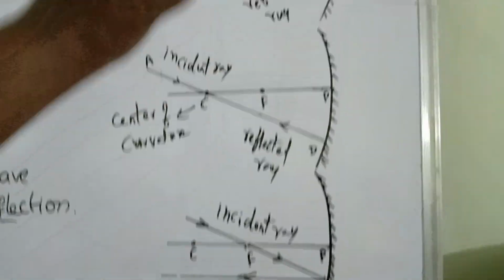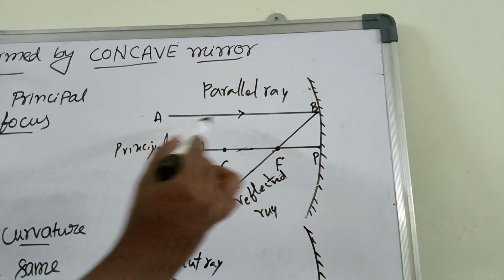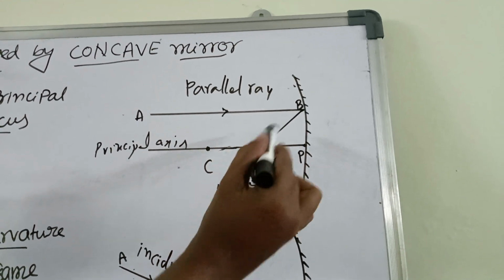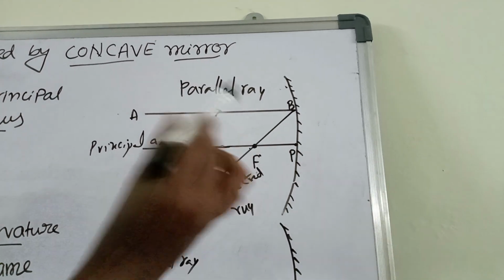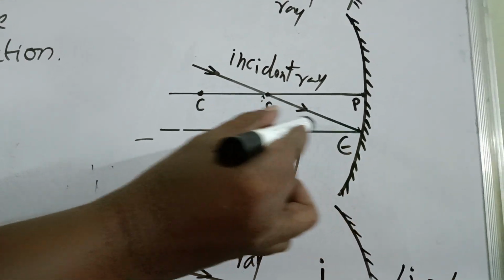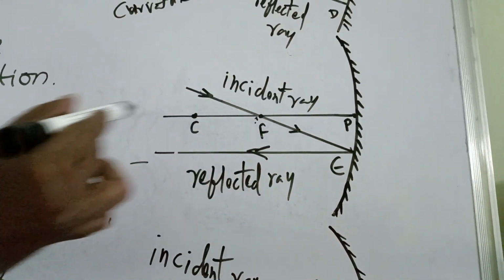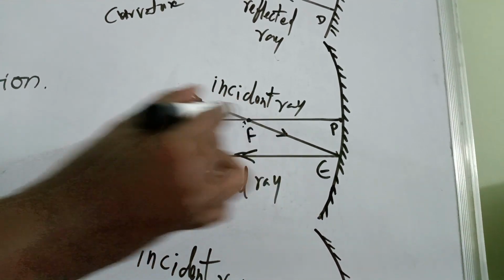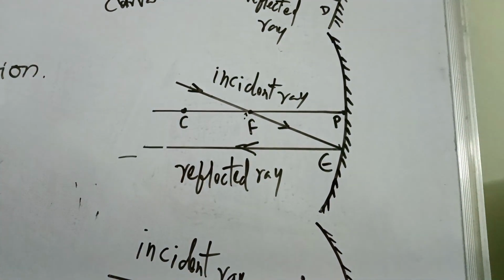These two are opposite to each other. In the first, the incident ray is parallel to the principal axis and the reflected ray passes through the focus. Here the incident ray passes through the focus and reflects parallel to the principal axis.